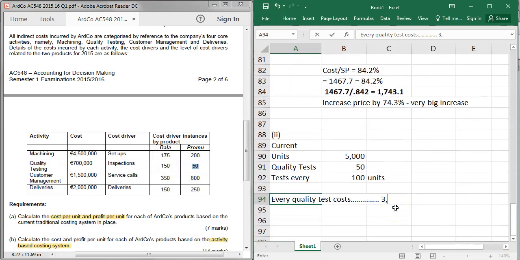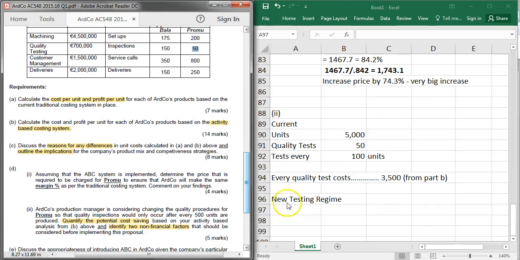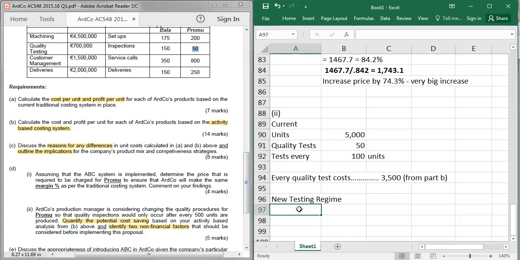So it costs 3,500 from part B. So we're now saying the new testing regime, or proposed regime, will be every 500 units. So that means the number of tests needed will be, for 5,000 units, now you're only testing for every 500 of a batch. So now you only need 10 tests. So you're going to have a reduction of 40 tests.